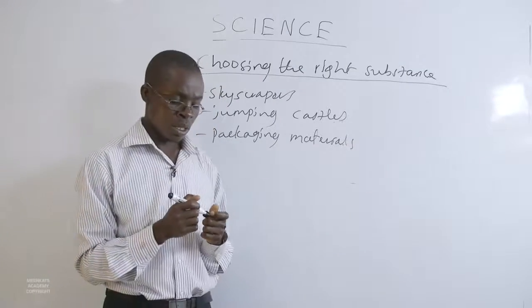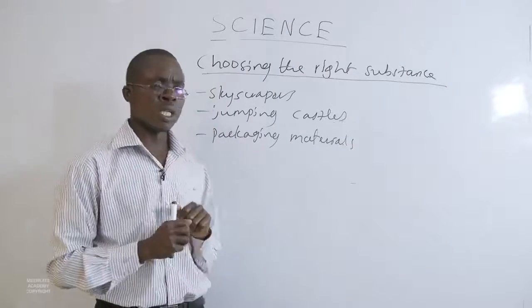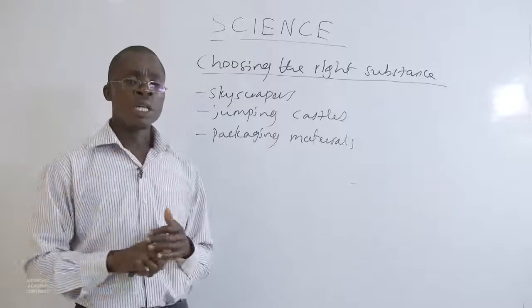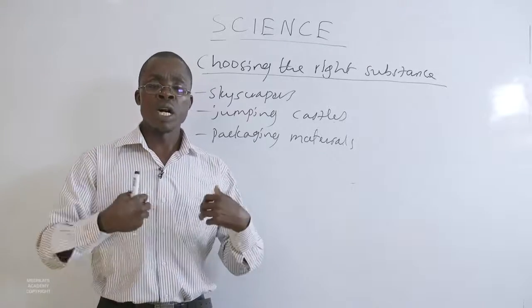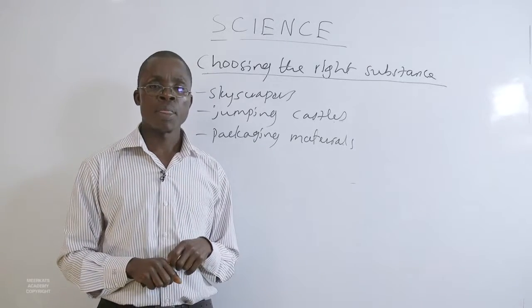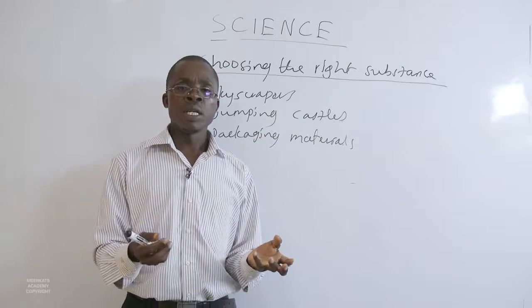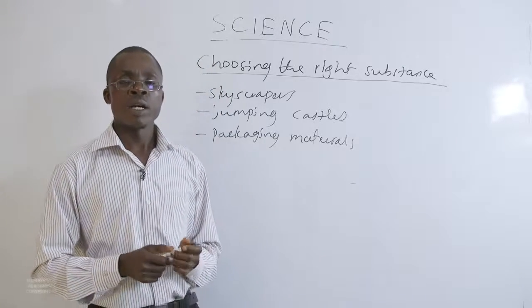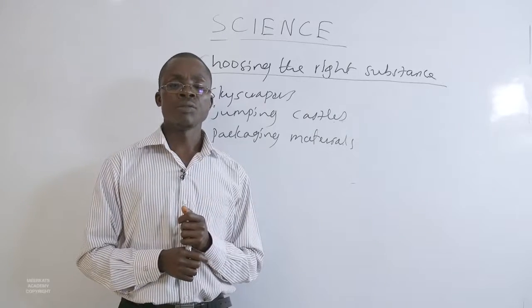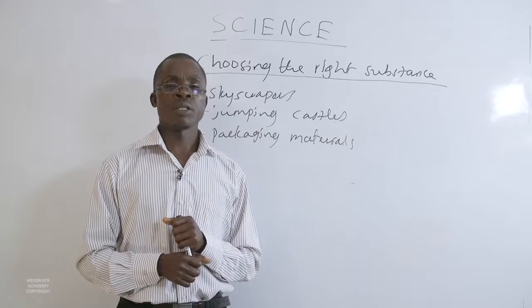Now if you look at these three areas, these are things that are with us in our life. Probably the classroom you are attending this lesson in is a storey building.